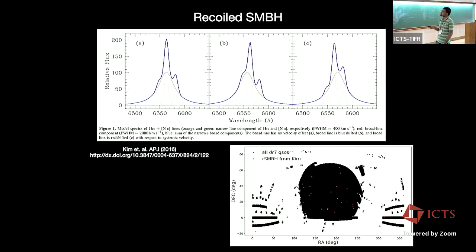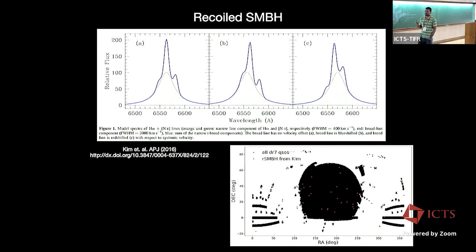In the presence of a kick, a relative velocity, as you introduce further and further, this broad line is shifted, and the overall nature of the line looks very different. If it's shifted in the other direction, then again it is going to look different. So by analyzing the overall shape and modeling the narrow and broad lines, you can measure the kick velocity of the black hole, assuming that's the cause and there's nothing else causing it.